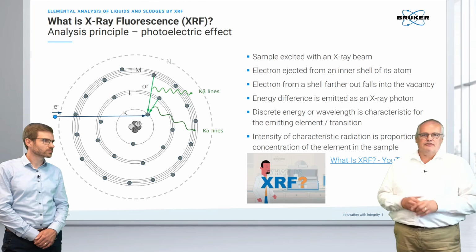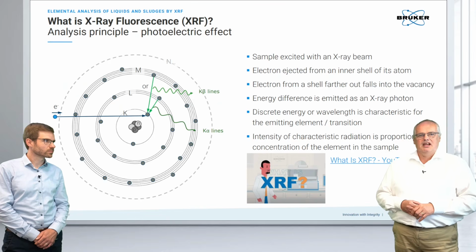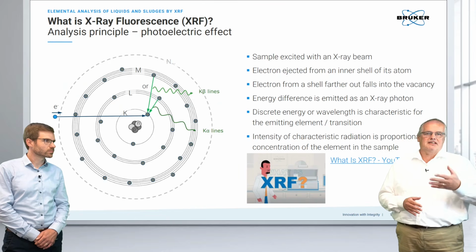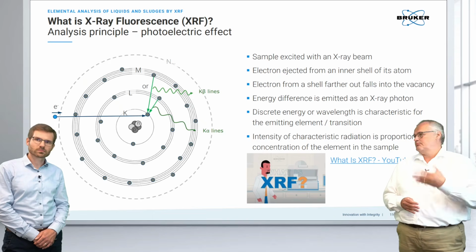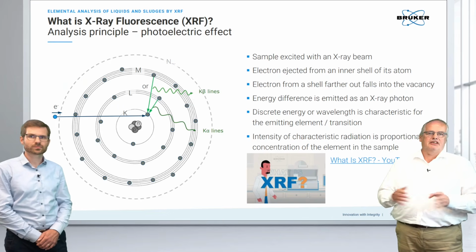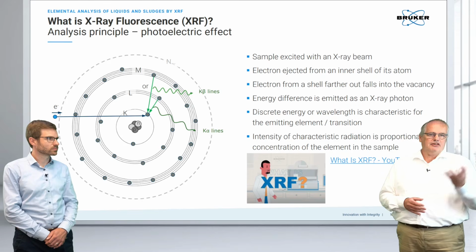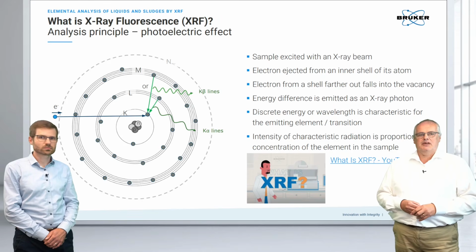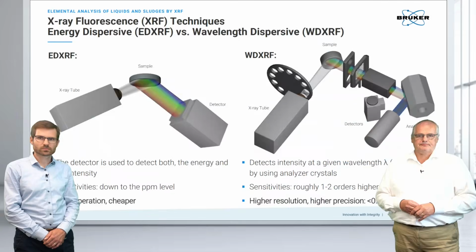And there are just a few lines, so XRF spectra are not so complex. Now we simply can see and analyze by the energy, we can see the element, and by the amount of photons we know about the concentration finally. Here you see also a link to the Bruker YouTube channel, where you get a more detailed explanation.